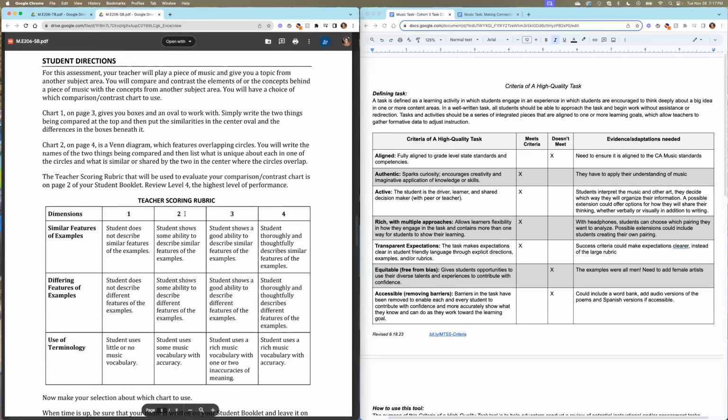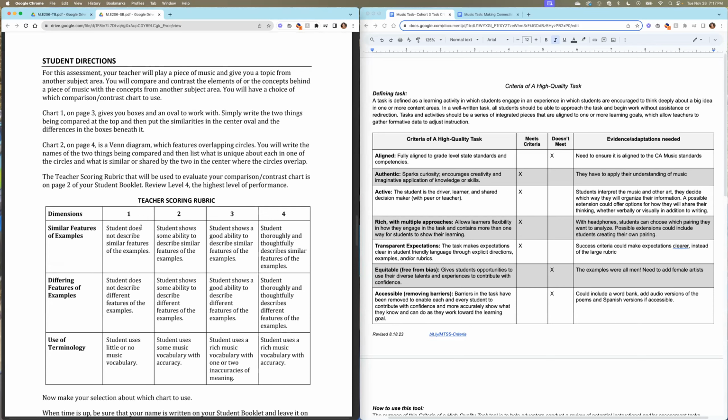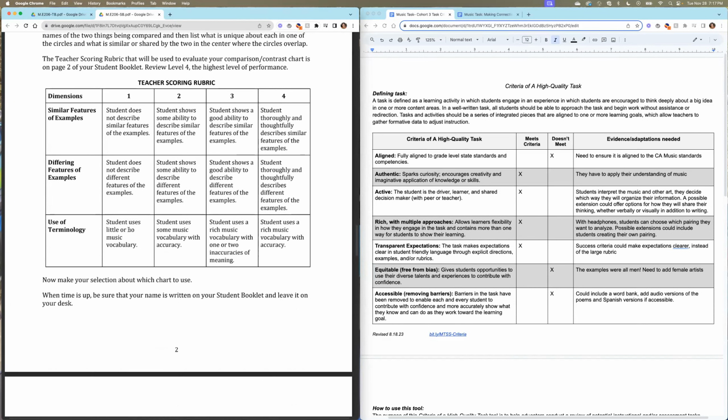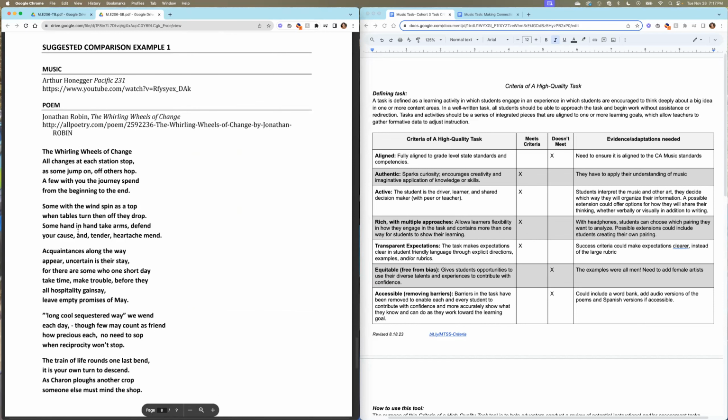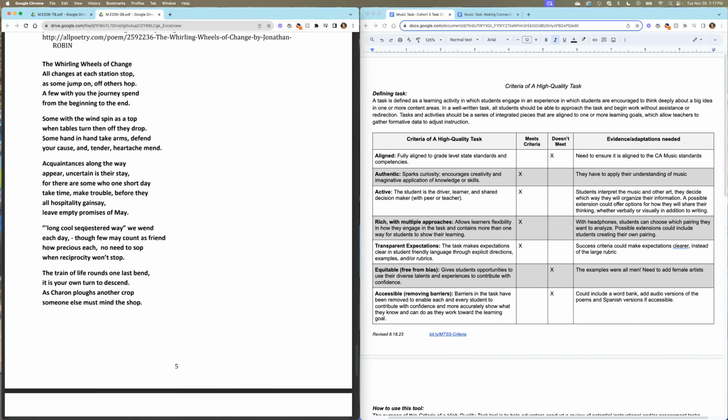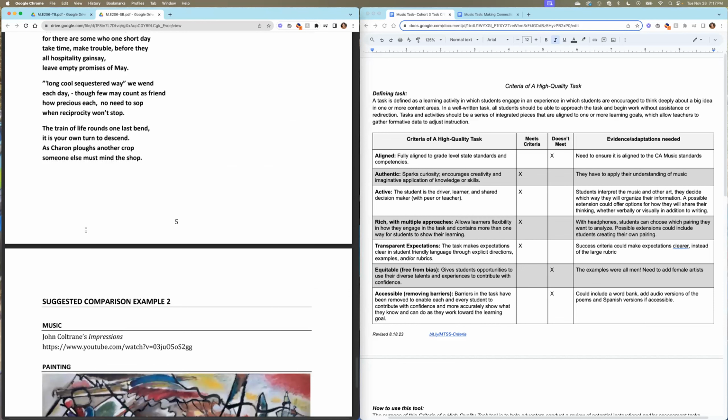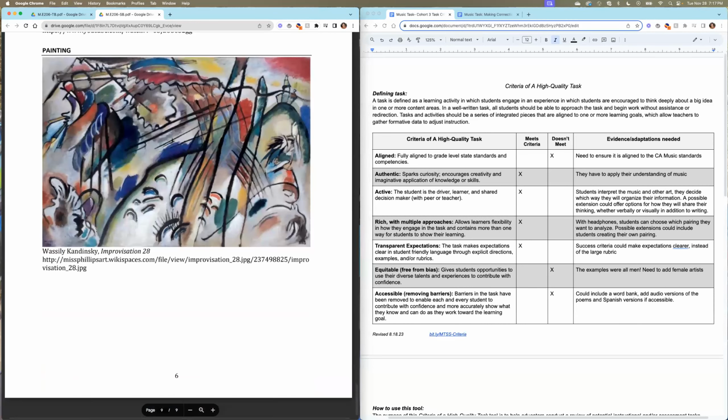And they have choice as to which of the two compare and contrast charts they can use. And again, they have the transportation-based selection as the main one, or the impressions.